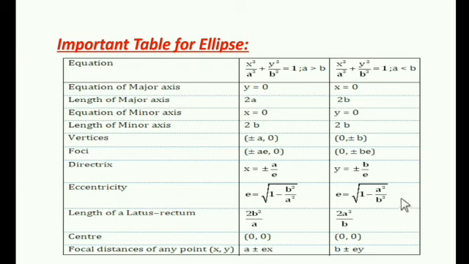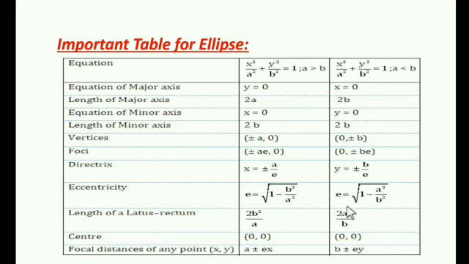Eccentricity is the same: 1 minus b squared by a squared, or 1 minus a squared by b squared. Here again, you should remember that we have taken a greater than b, so we write b squared by a squared, and here a less than b, so we write a squared by b squared. It doesn't matter, you can take both. Length of the latus rectum is 2b squared by a.